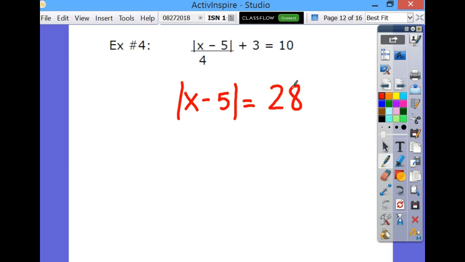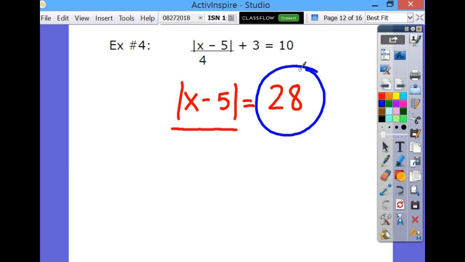If the isolated absolute value is equal to a positive constant, your two answers, both of them, will always check out. If your absolute value is equal to a positive constant, your two answers will always check out.